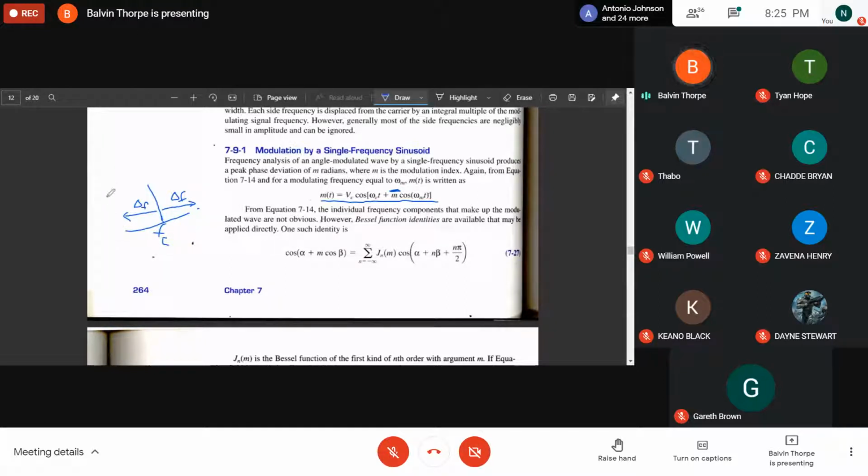Okay? Maximum deviation, positive way and negative way. So this is going to be the maximum or total deviation based on the carrier frequency and the modulating signal. It causes the carrier to change in both directions.